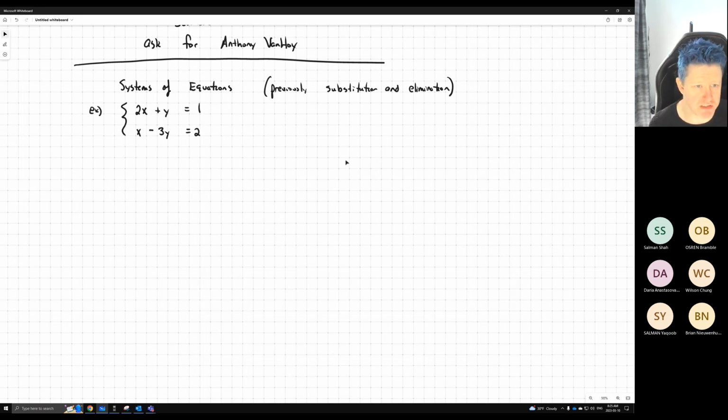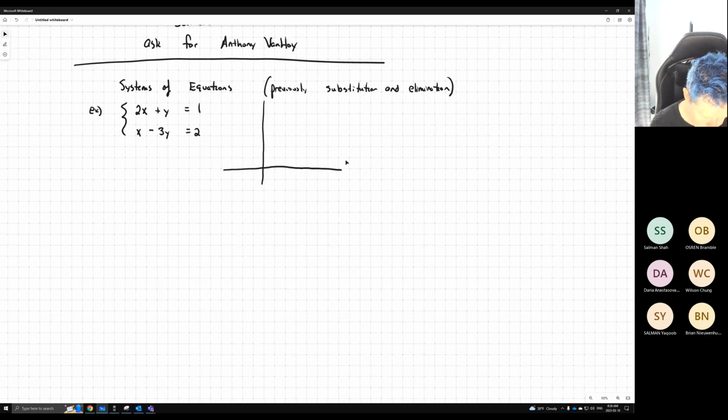And again, let's remind ourselves of what we are doing. What does it really mean to solve a system of equations? Well, you can think of these 2 equations as lines, right?